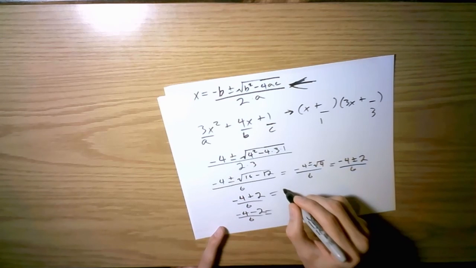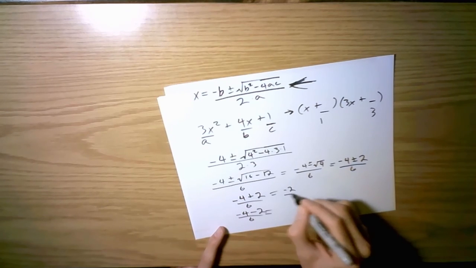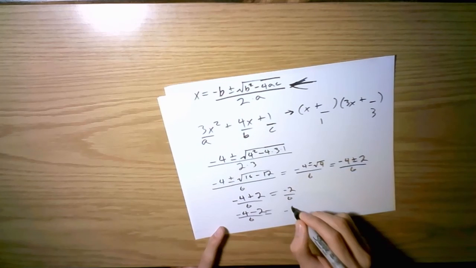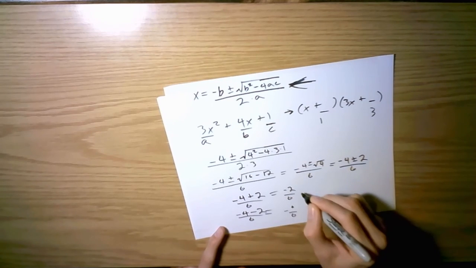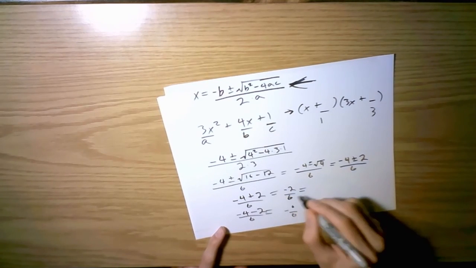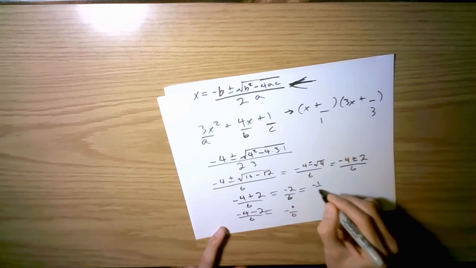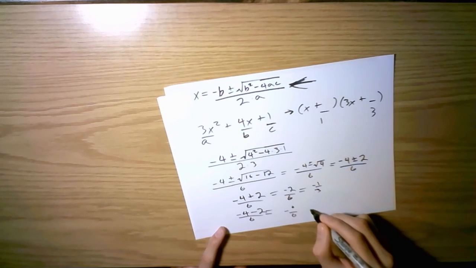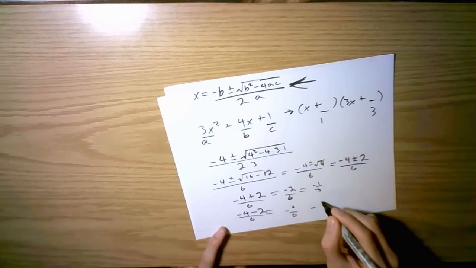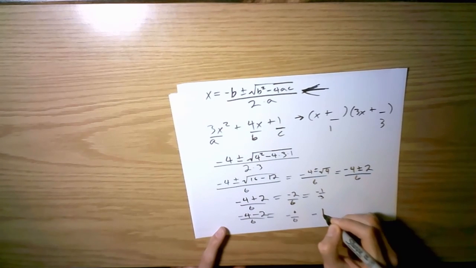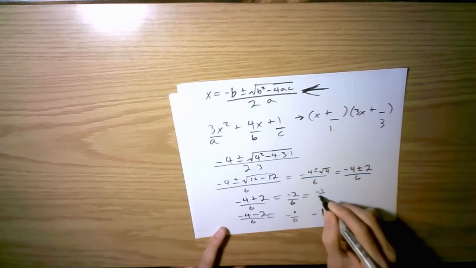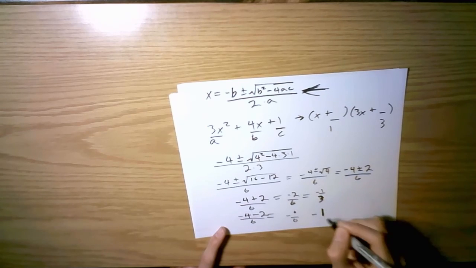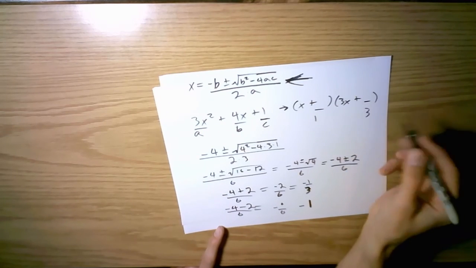Negative 4 plus 2 is negative 2, over 6, and negative 6 over 6. So we got negative 1/3 and negative 1. These are both zeros, and it would have been really hard to figure that out on our own.